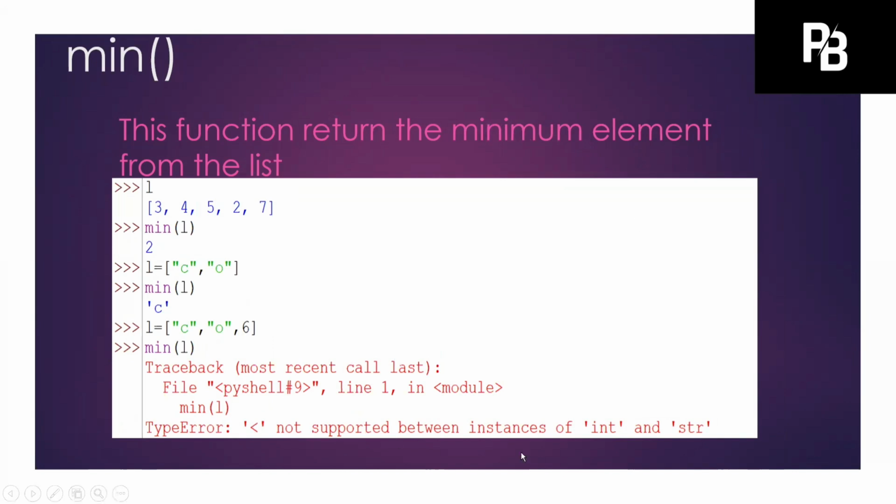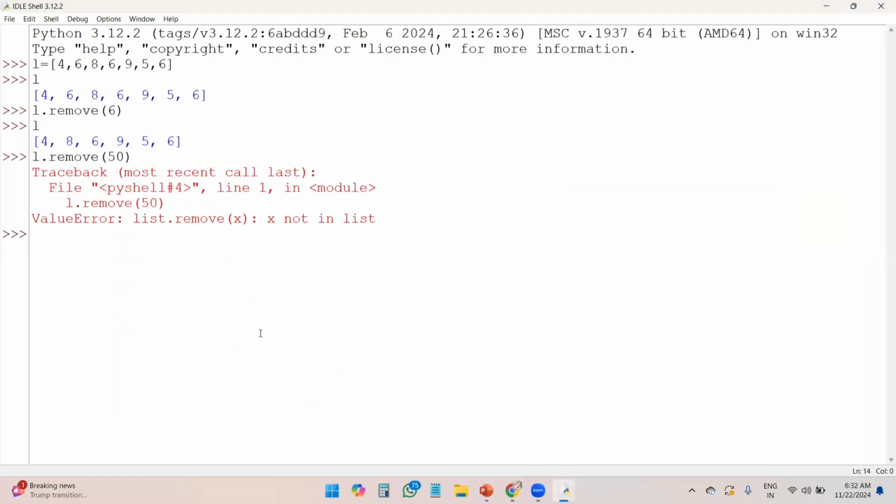Okay. Now we see the example of these functions, students. So I am having one list L. If I just want to find out the minimum element of the list, so it is 4. Okay, clear?